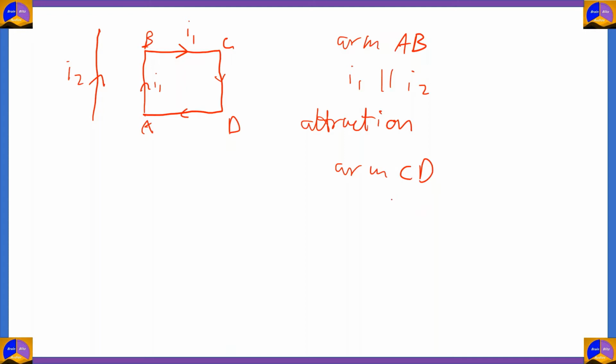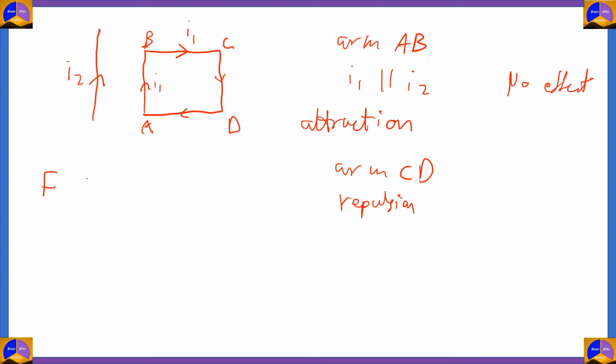So when current flows opposite, there will be a repulsion between them. And as for the force experienced by the arms BC and AD of the loop, they get cancelled due to each other. Force due to BC is cancelled by force due to AD. So no effect whatsoever.